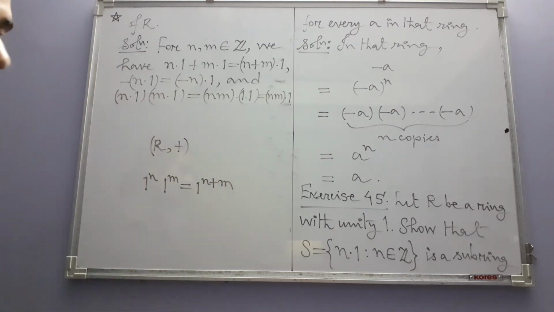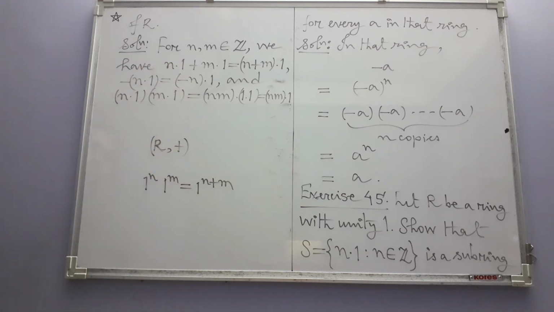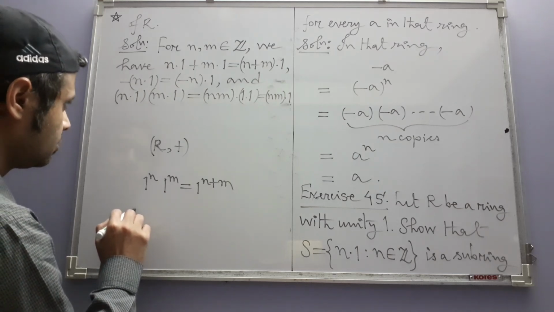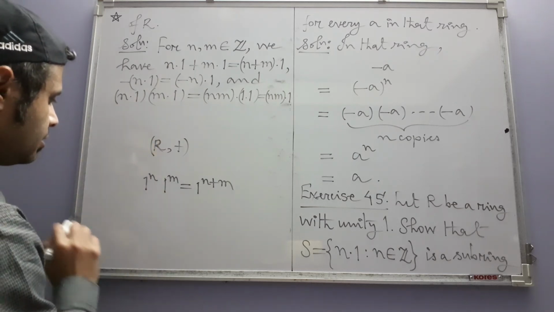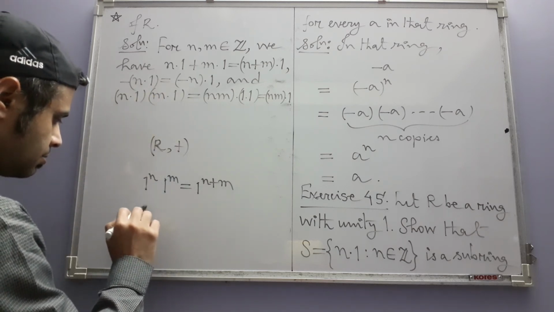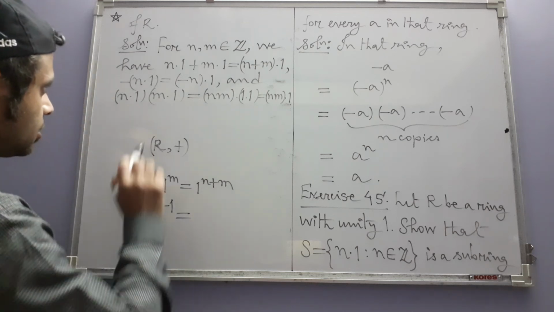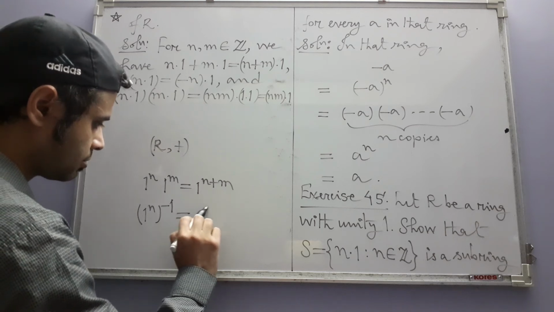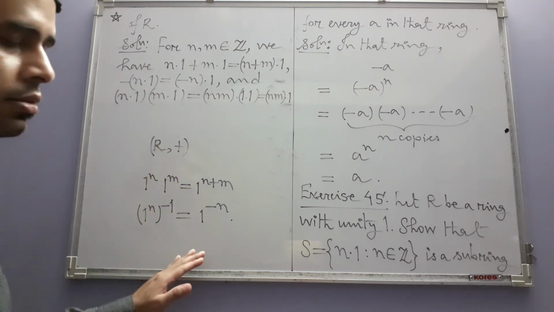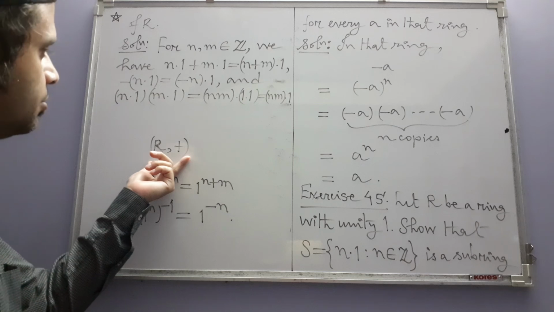So that is why it is one of the rules of exponents. This is also coming from the other rule of exponents. And if we write it using multiplicative notation, the left hand side will look like this, and the right hand side will look like this. So these two are coming from the rules of exponents in the additive group of the ring.